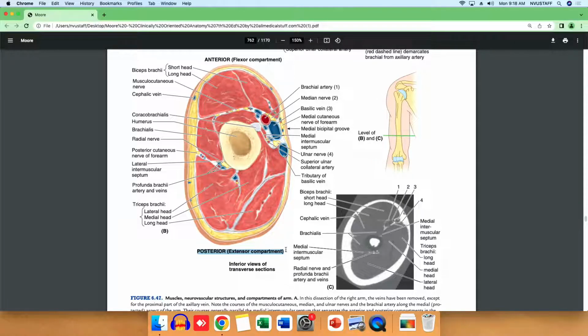Now what is left for us? The next joint, which is crossed by most of the muscles of the arm, is the elbow joint. So anteriorly oriented muscles will mainly be producing flexion at the elbow joint.